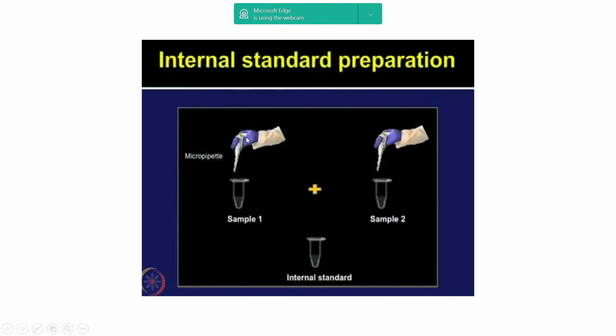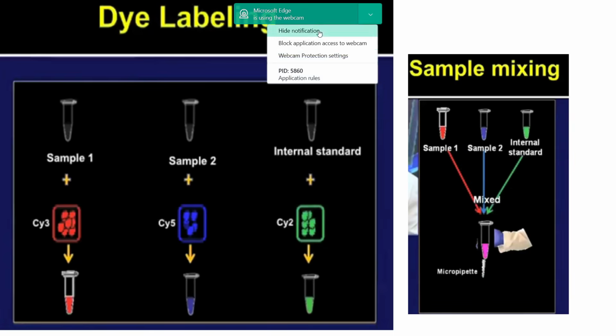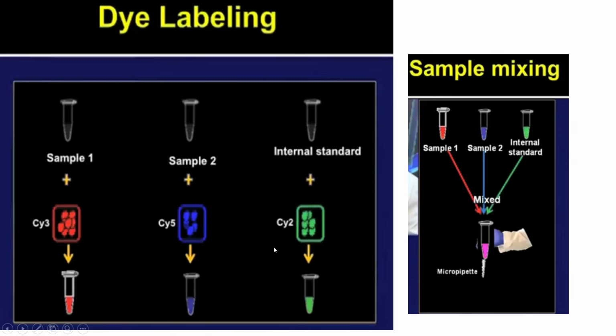So how do we prepare samples? You have sample one, sample two, and you pool them together, which acts as the internal standard. As we were discussing, there are three different dyes which can be used, Cy3, Cy5, and Cy2. Cy3, for example, is used for sample 1, and Cy5 is used for sample 2.